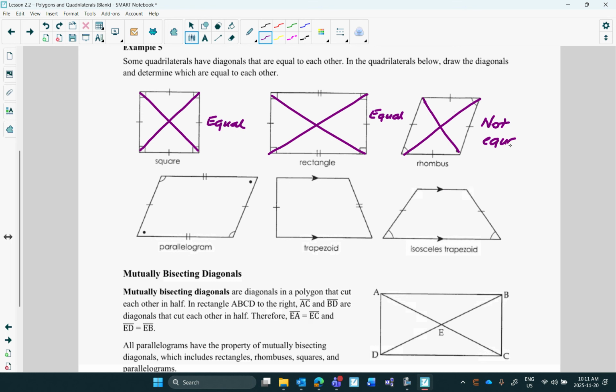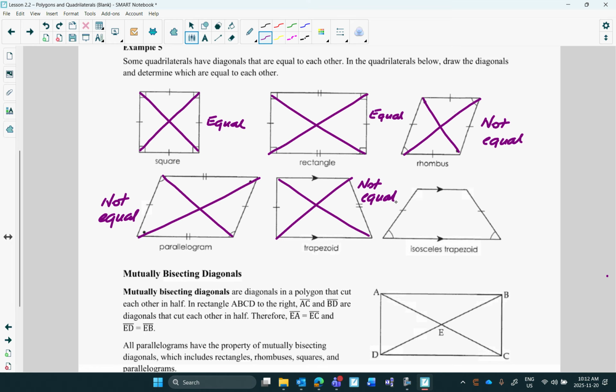If they're at 90 degrees, they're going to be equal. But if they're not at 90 degrees, looks like they're going to be non-equal. So that's not equal. Trapezoid, not equal. But what about an isosceles trapezoid? Equal.